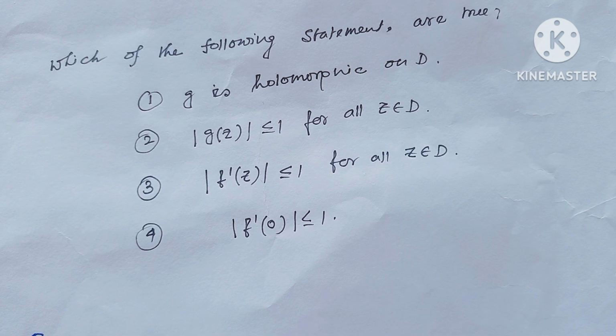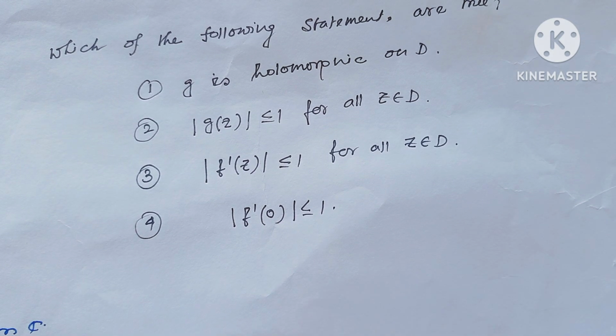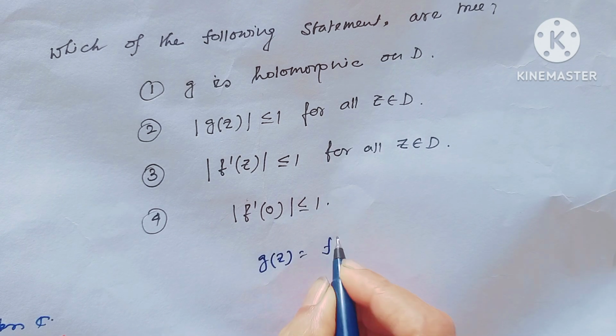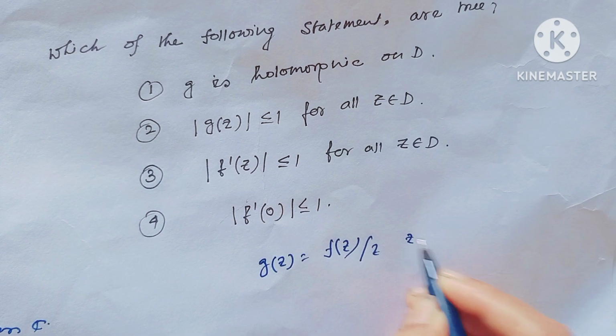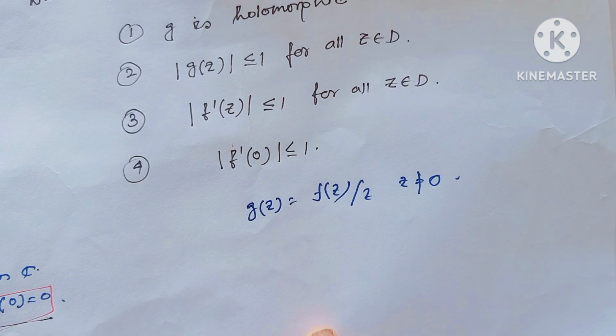At first I will see whether the modulus of g(z) is less than or equal to 1, where g(z) equals f(z) over z when z is not equal to 0. By the maximum modulus theorem, since f is an analytic function, meaning a holomorphic function, it has a maximum value on the boundary.